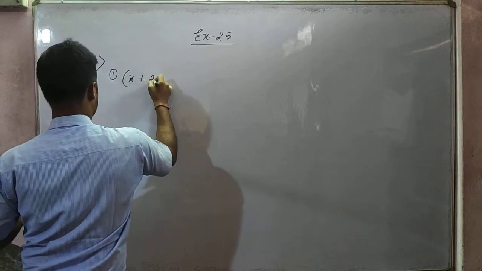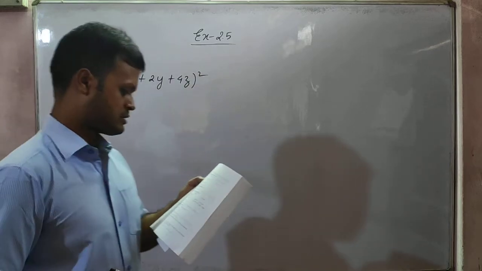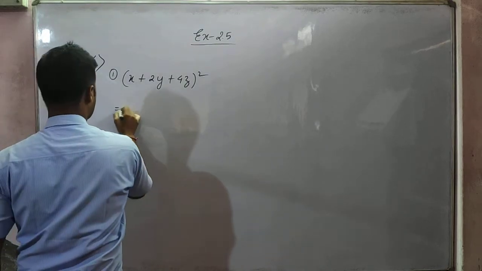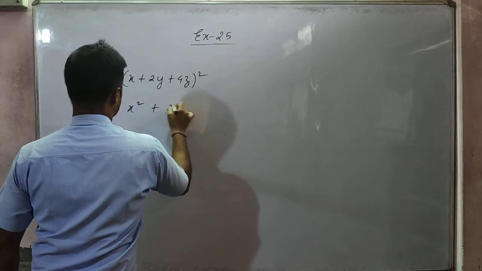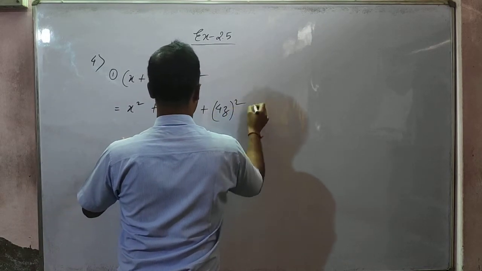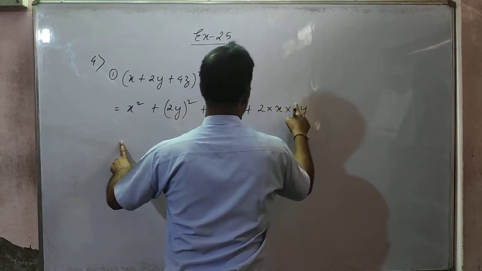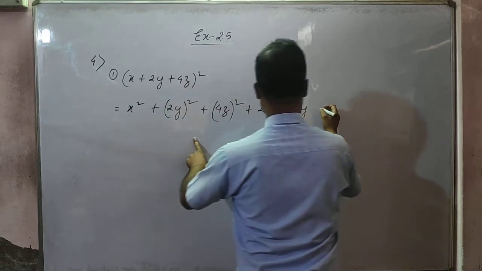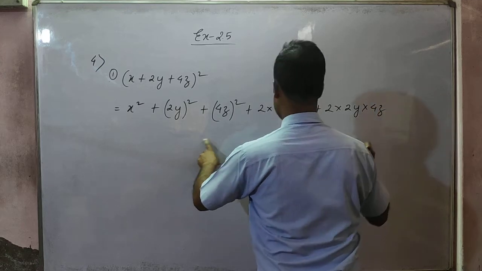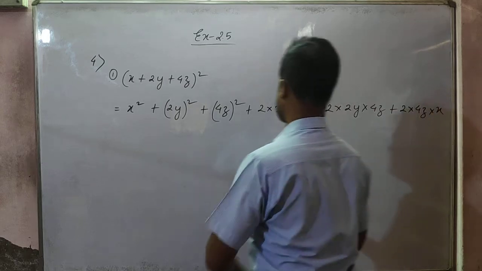(x + 2y + 4z) whole square. So x square plus (2y) whole square plus (4z) whole square, plus 2 into x into 2y, plus 2 into 2y into 4z, plus 2 into 4z into x.